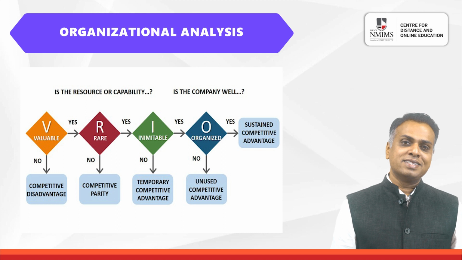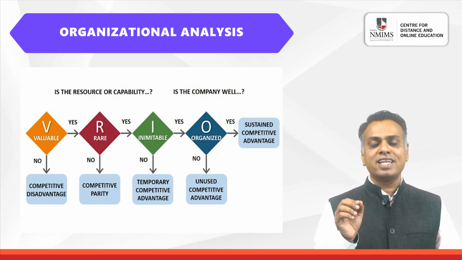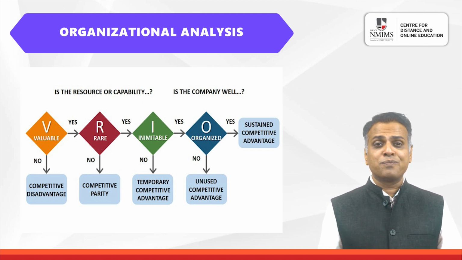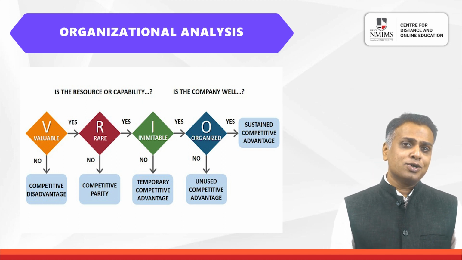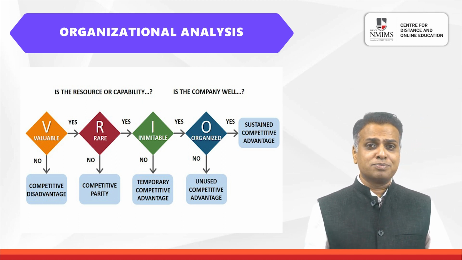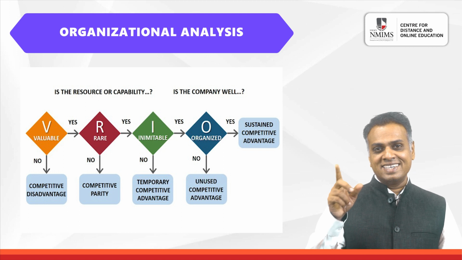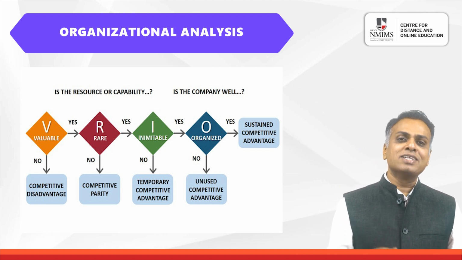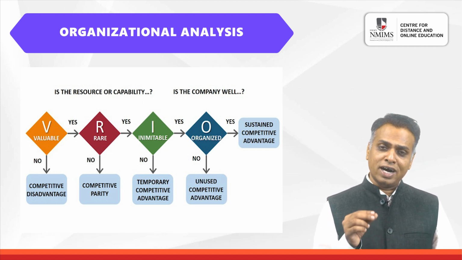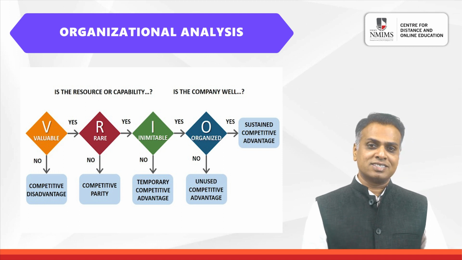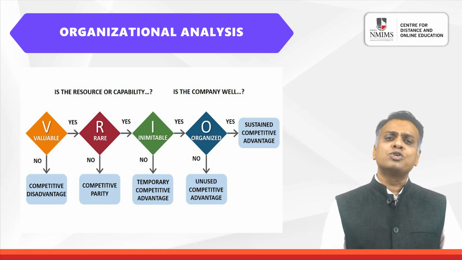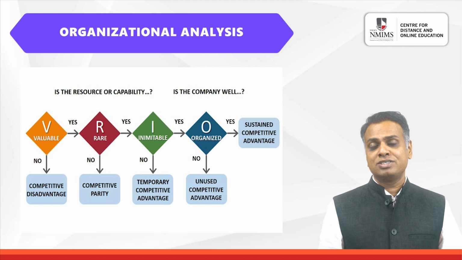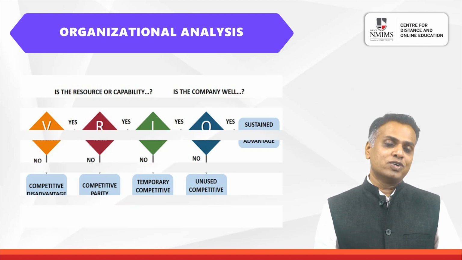Always remember that effective organizational analysis like VRIO is a critical part of strategic management for strategic decisions. It enables organizations to harness their internal resources and competencies to gain a competitive edge in a dynamic business world.